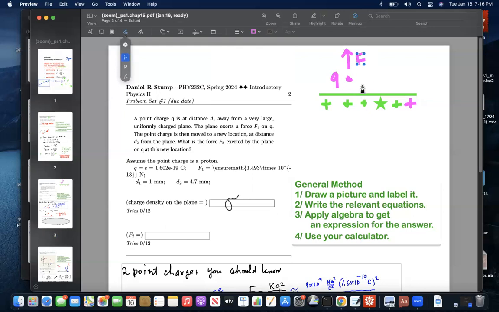This distance is d1. Then I'm going to calculate the force again, where Q is up here at a different distance. So maybe this distance is d2.